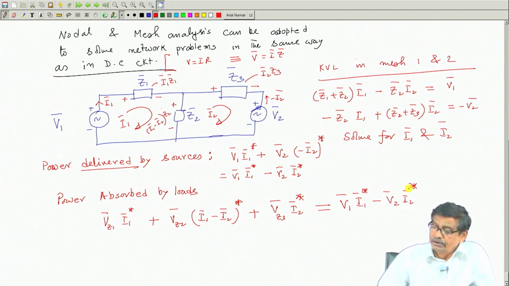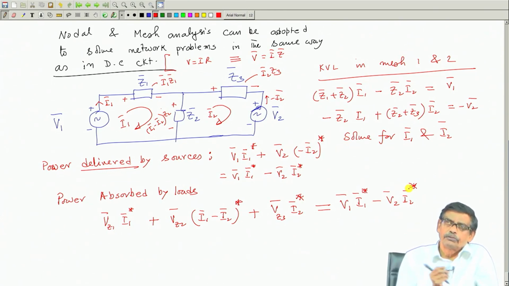So, total power delivered to the circuit is this one, and it is being absorbed by different loads. Now, whether actually a load is absorbing or delivering power depends upon the sign. Reactive power, real power sign will always be plus for resistance, but reactive power, okay, inductive.